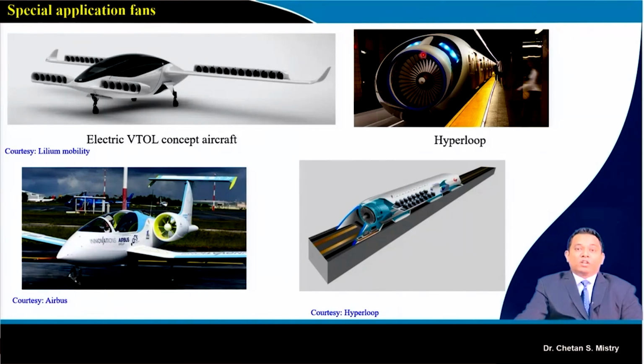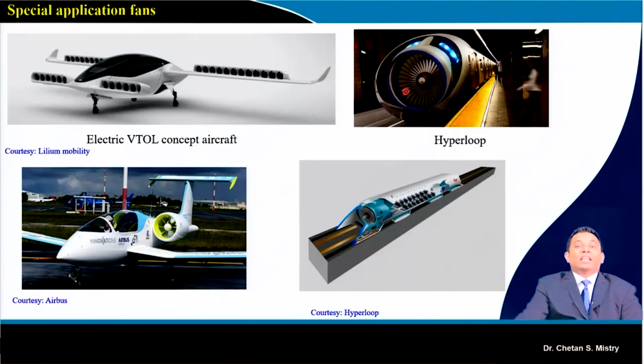We are talking about the transportation aspects for, say, Hyperloop. In this Hyperloop, it's basically a vacuum tube in which this particular wagon will be moving, working on the principle of magnetism, maglev. Now the situation is, in order to have the forward movement, this kind of fans are needed.